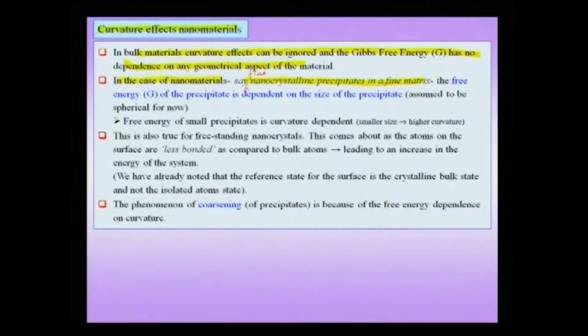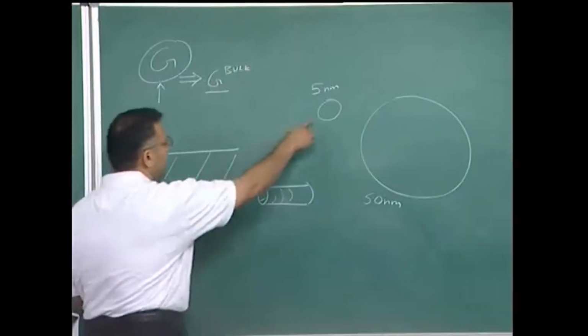The free energy of the precipitate is now not a single number, but is dependent on the size of the precipitate. For instance, I am assuming that the precipitate is spherical, though actually we will see in real systems the precipitate could be disc shaped, it could be an oblate spheroid, it could even be a prolate spheroid. In other words, the precipitate need not be of this kind of shape.